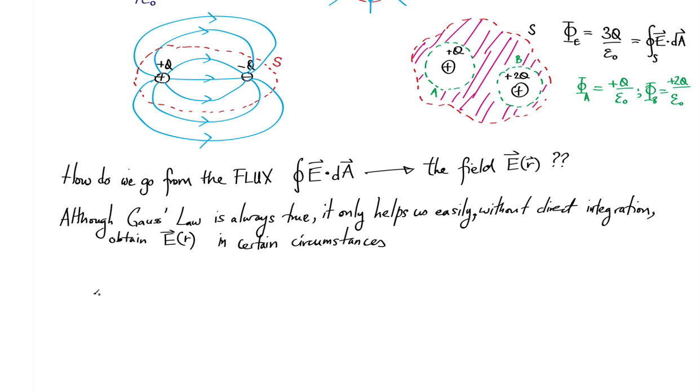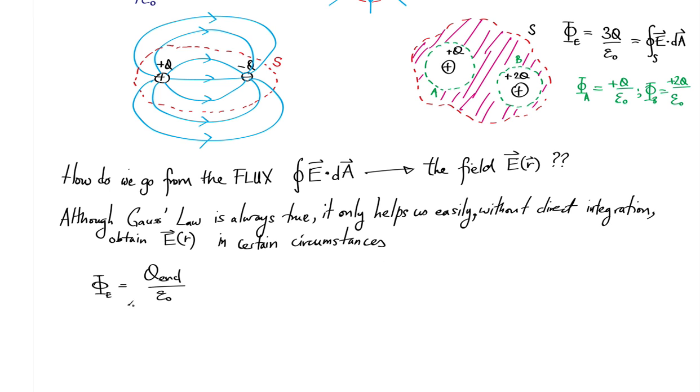So again, what it gives us is phi sub e, and by Gauss's law, that's Q enclosed over epsilon naught. In general, it's pretty easy to get the charge density, right? Or the total charge inside. It might be integrating up some charge density.